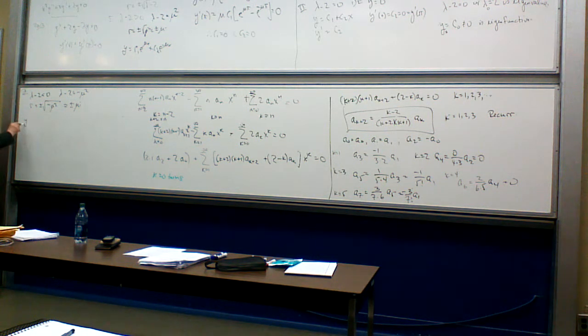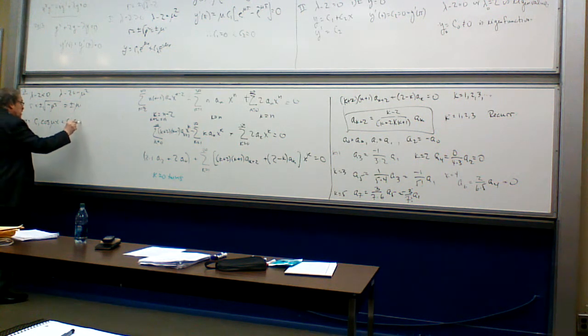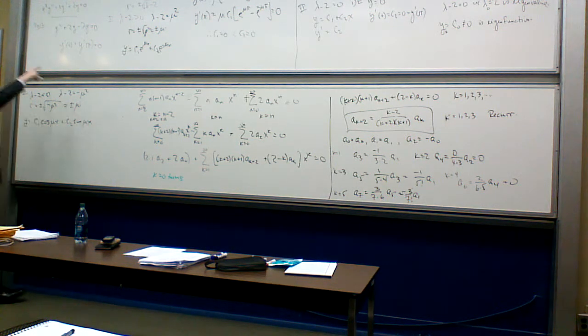So the solution is C1 cosine mu x plus C2 sine mu x. The boundary conditions, which whether by design or accident are nicely placed just above where I am, are in terms of the derivatives.